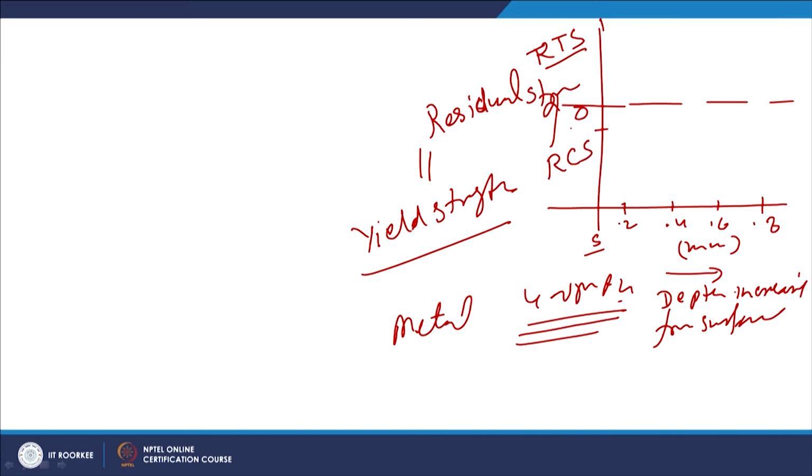So, we have values like 200, 400, 600, as per the material being shot peened, whether its yield strength is 400 MPa, 200 MPa or 600 MPa, and accordingly the residual stress magnitude at the surface will vary.